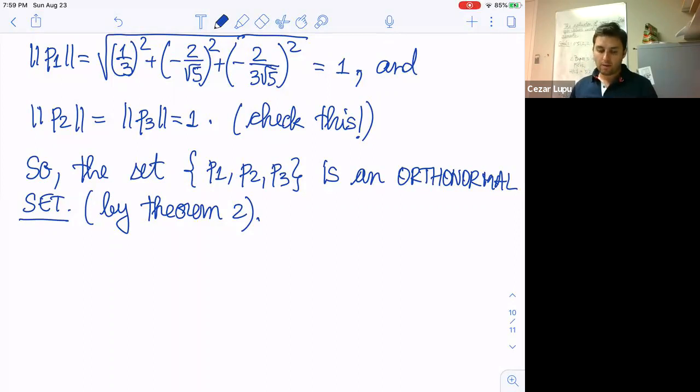Okay, now let's see what else we should do before we go to orthogonal diagonalization.